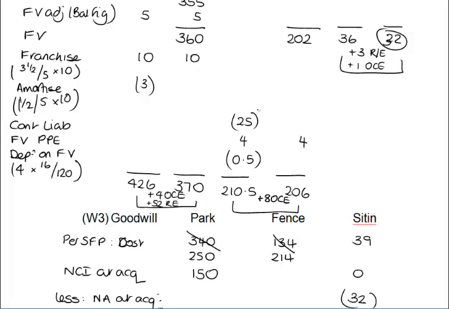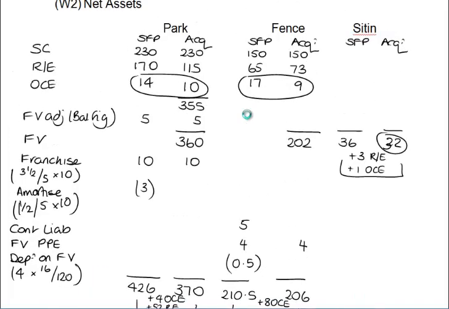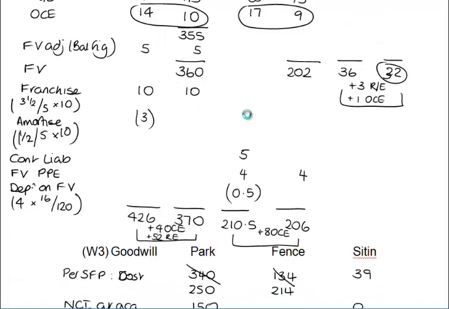It was already in the accounts at 30 million, so it should actually be an adjustment of a reduction in a liability is going to increase the net assets by 5. So I do apologise for that. And that's 240.5.